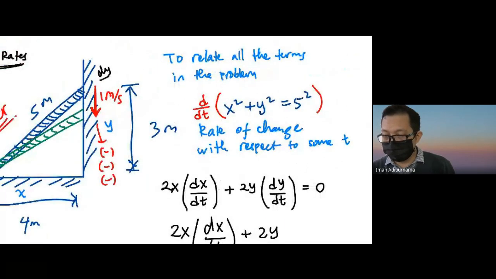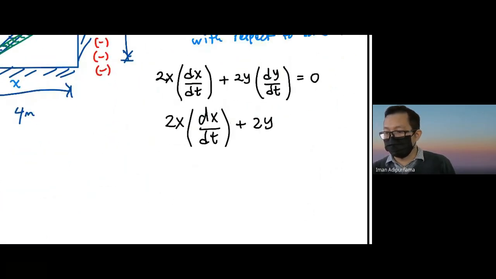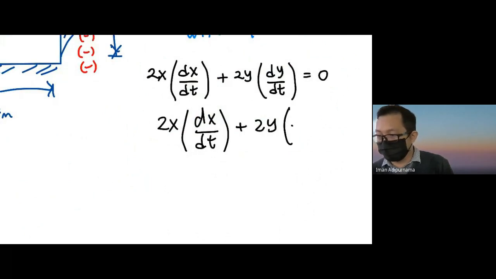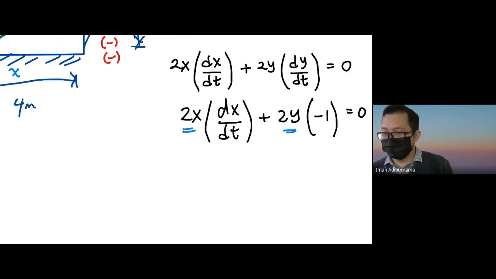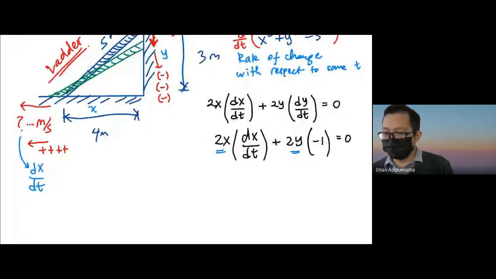We know the dy dt is here. It's 1 meter per second, but it's decreasing, right? In case of decreasing, I will take this as my -1 here. And x and y will be a fixed constant. 2, 4, this is 8 dx dt.